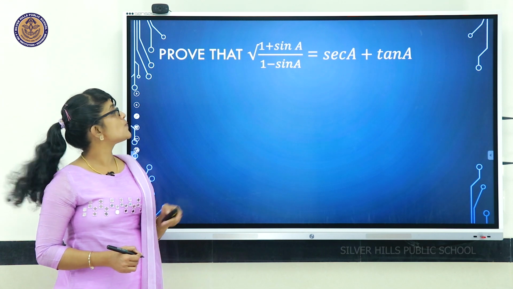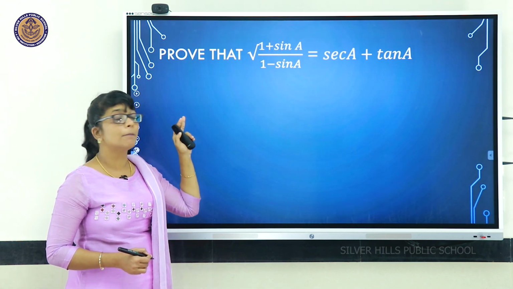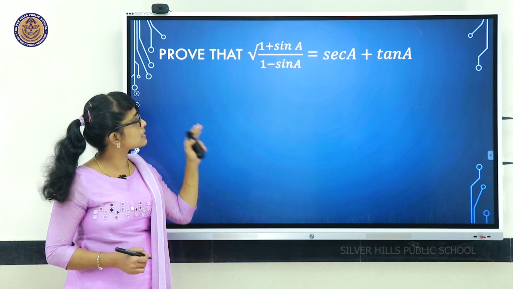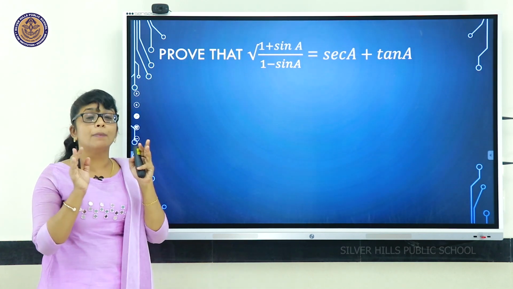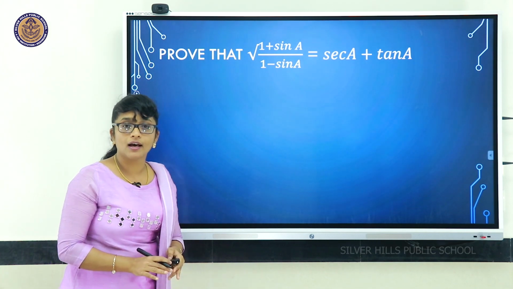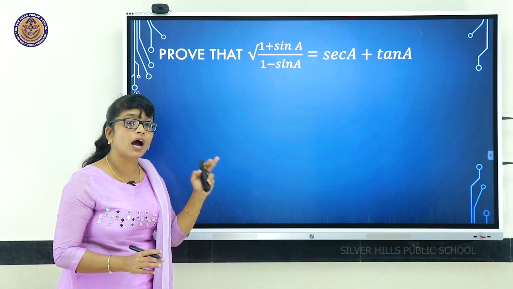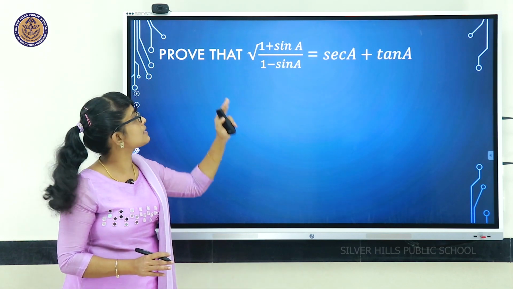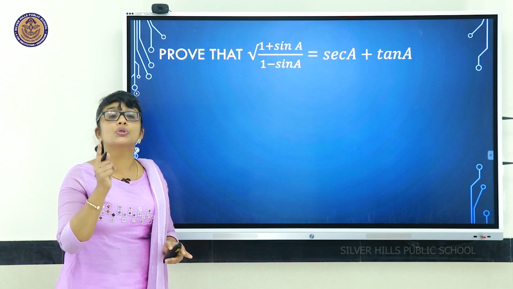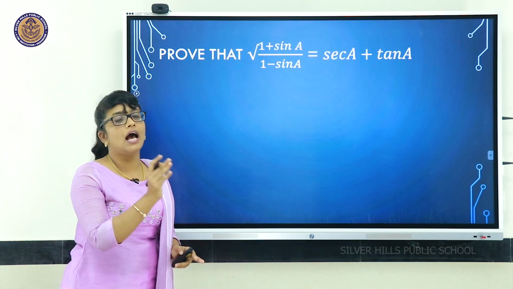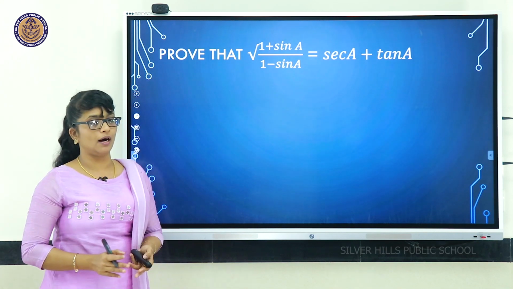Prove that root of 1 plus sin A by 1 minus sin A equal to sec A plus tan A. I already told you that you have to keep your eye on both sides, LHS and RHS, and you should think logically and apply the most suitable method or formula.